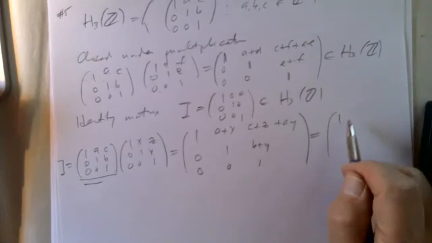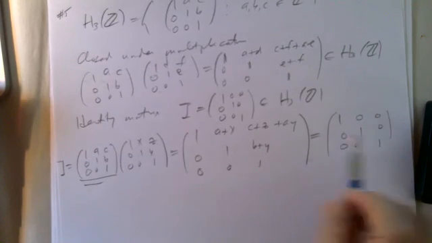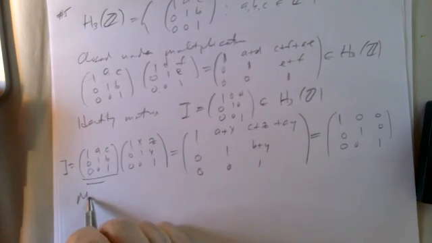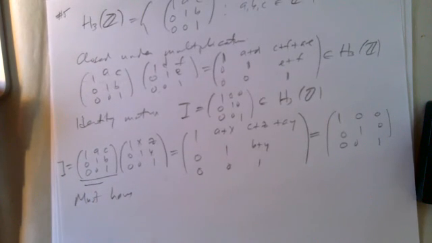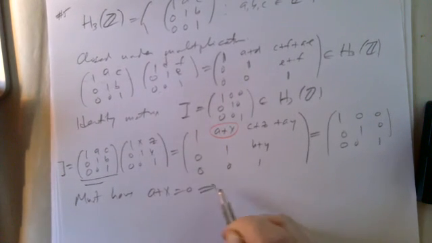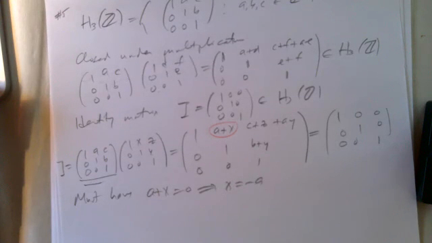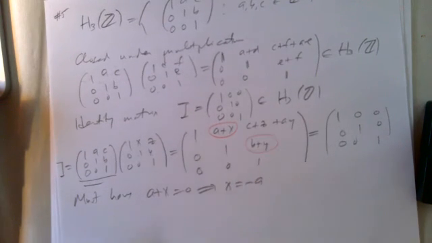And you want to choose X and Y so that this is the identity. So you must have this coordinate is 0, which means X has to equal minus A. You must have B plus Y equals 0.